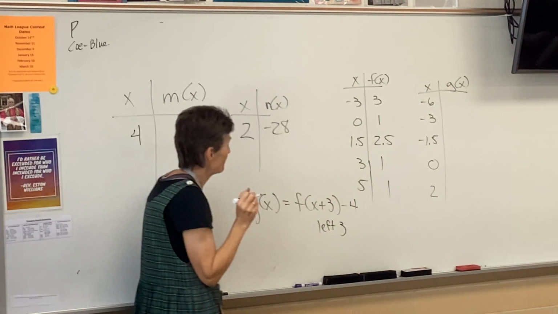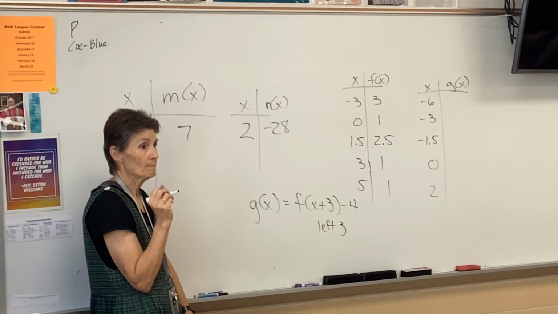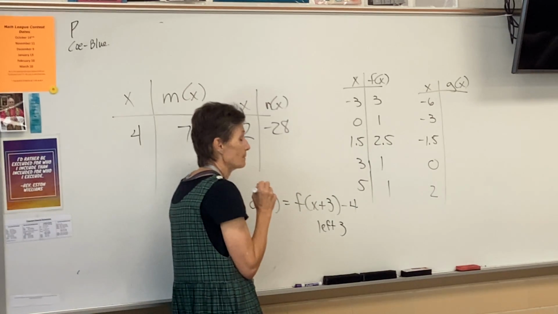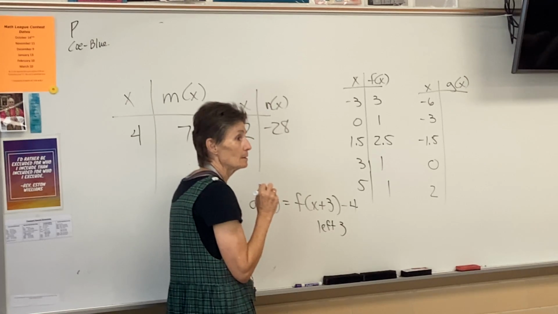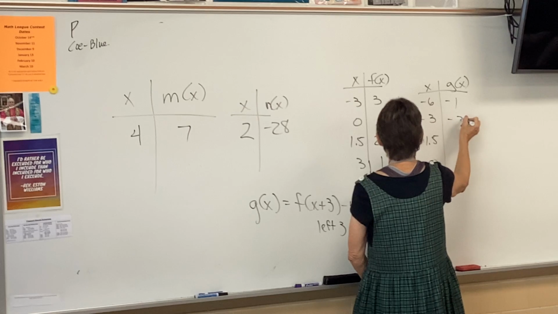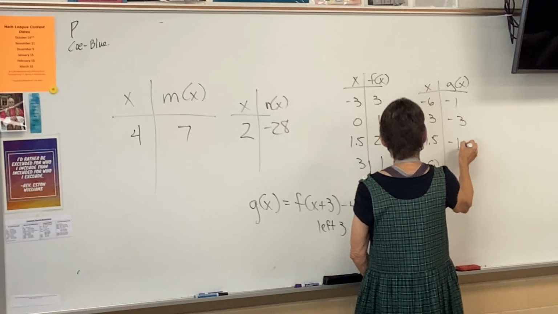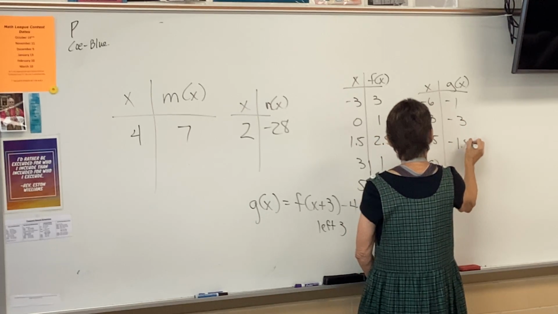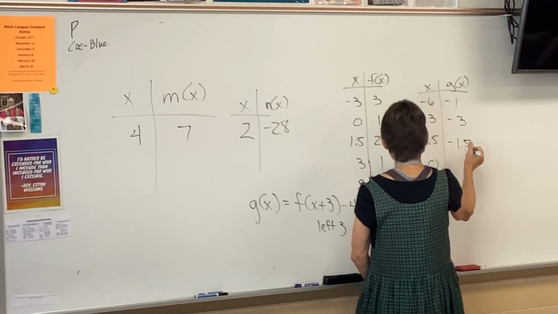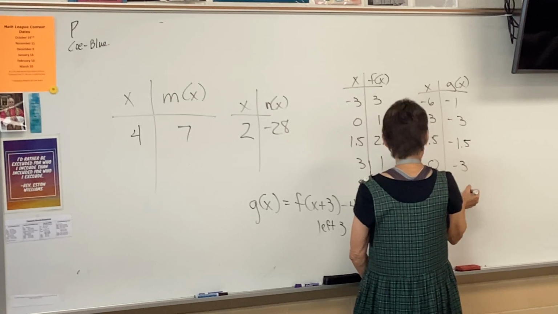Did I do that right? Left 3. What's happening to the y's? Down by 4. So negative 1, negative 3, negative 1.5. Not my arithmetic. Down 4 would be negative 3, negative 3.